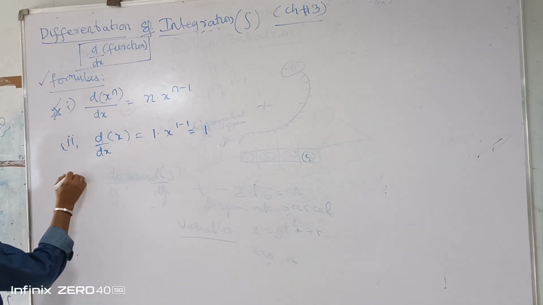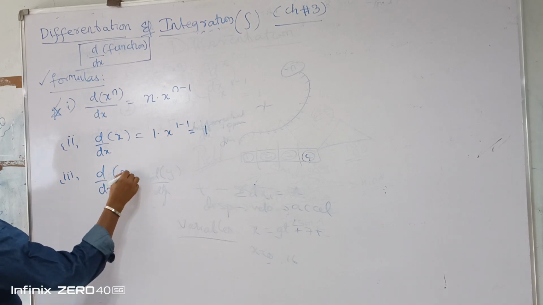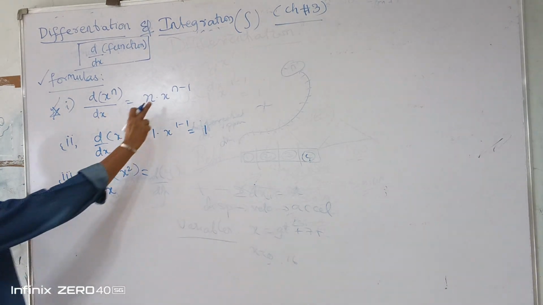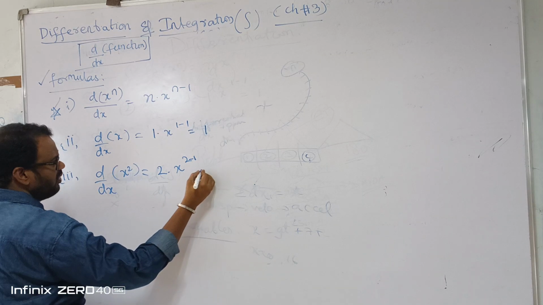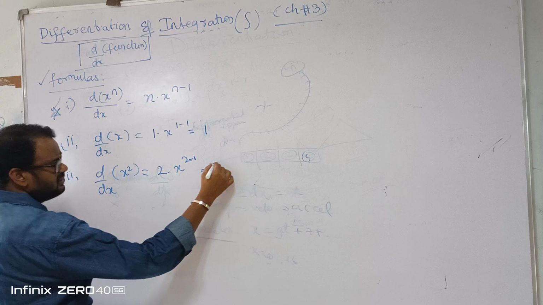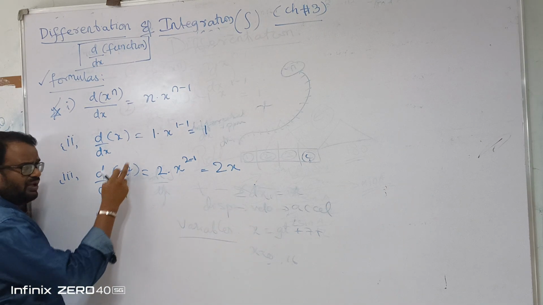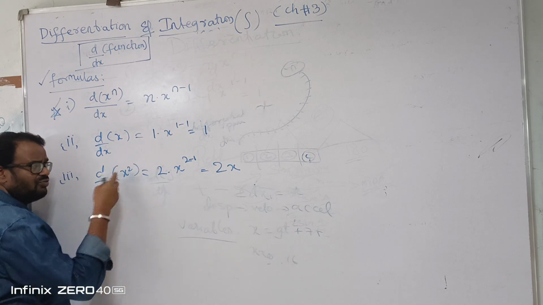The next formula is d by dx of x square. In place of n, you have to substitute 2. 2 into x to the power of 2 minus 1, which is x to the power of 1, so it is 2 into x. You can remember it like this: when you have power terms, the power comes as the coefficient and the power reduces by 1.